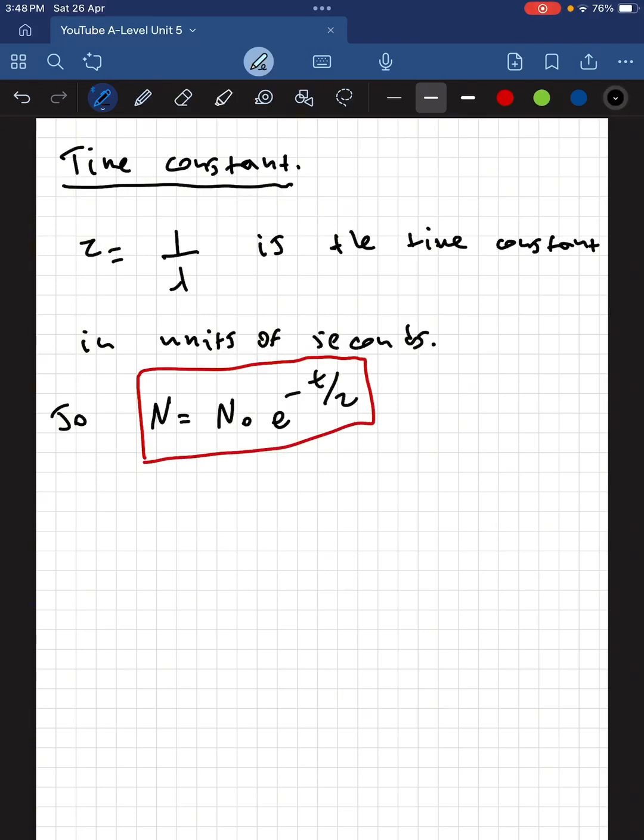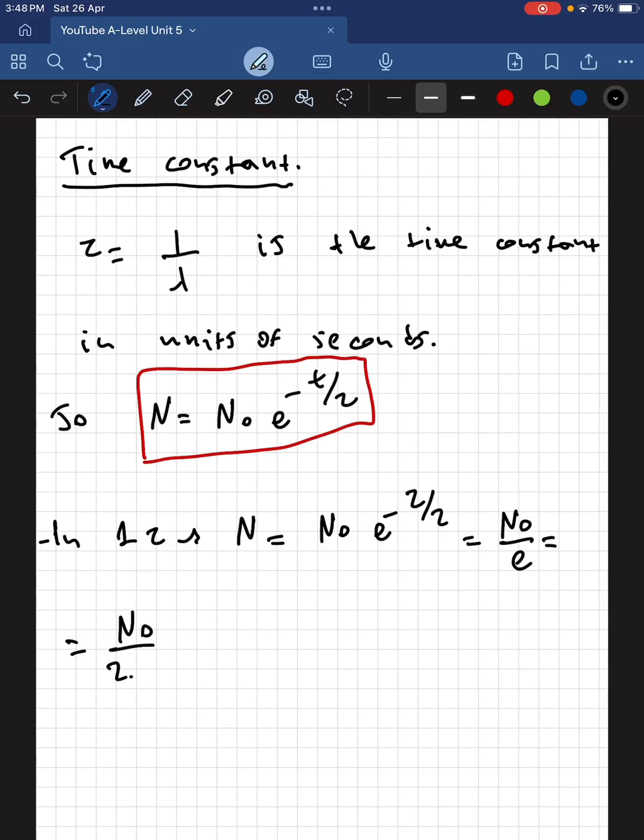Something important here is that in one time constant tau, N is equal to N naught e to the minus tau over tau. So we get N naught over e, which is N naught over 2.71, giving 0.37 N naught.